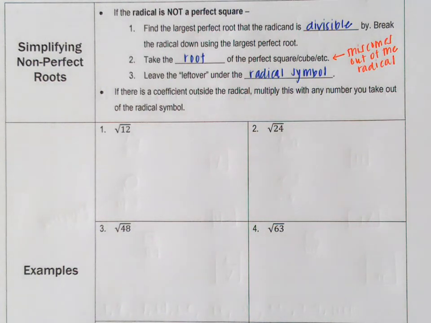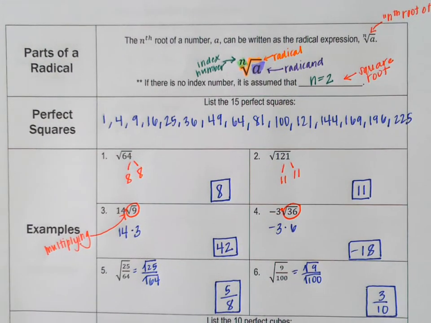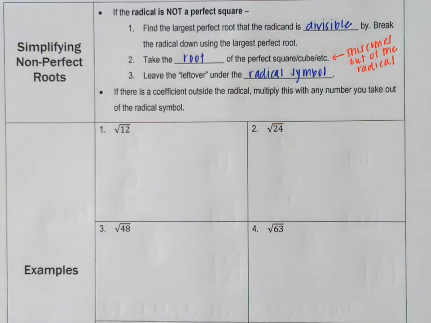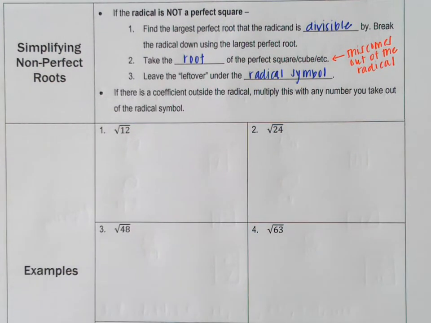My perfect squares are the ones that we listed on the prior page: 1, 4, 9, 16, 25, etc. If you want to list those on the side here, that might be helpful. If you just have that out, it's super helpful.